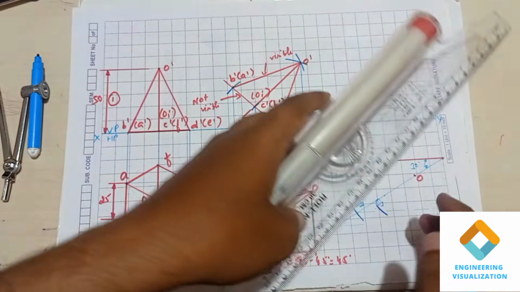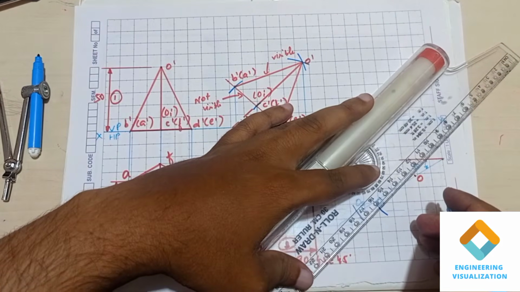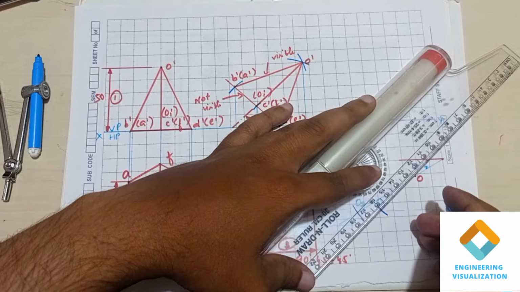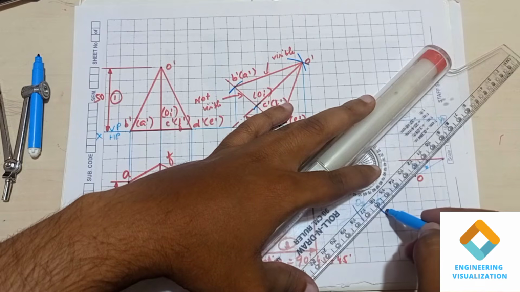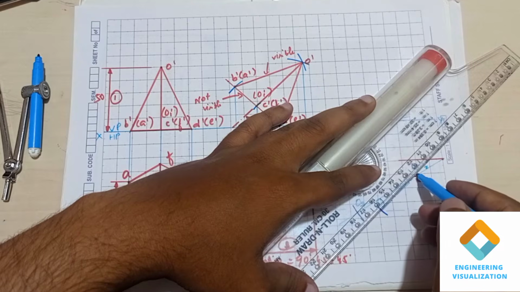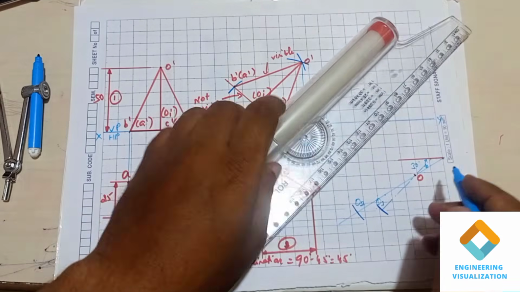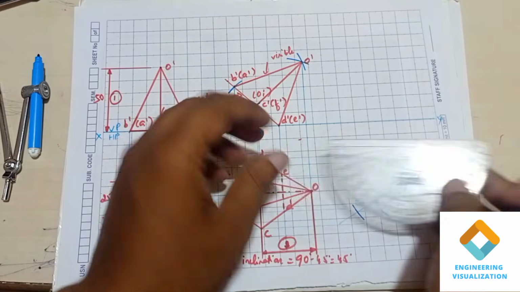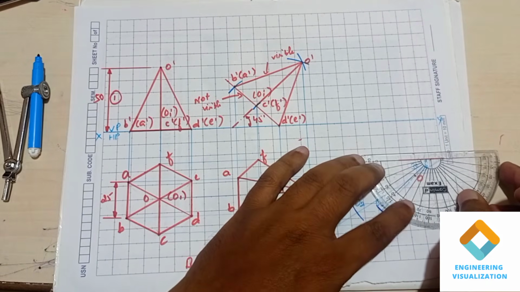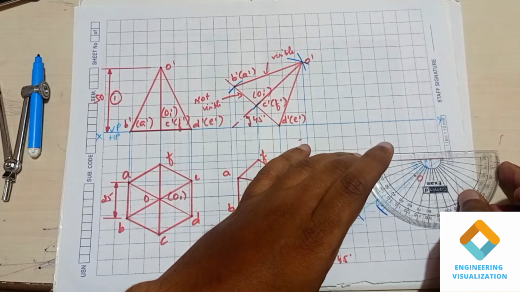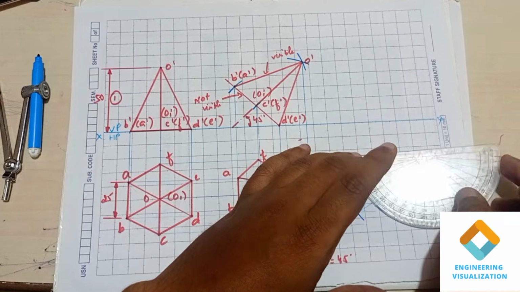Join O and O1 with a straight line. Now we can find out the angle. So the beta angle we are getting here is 45 degree.